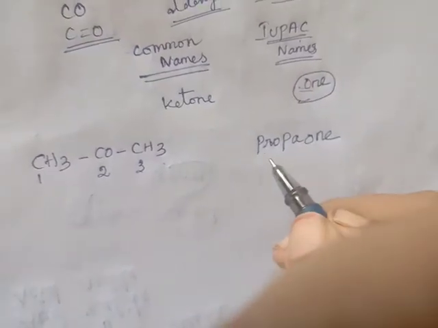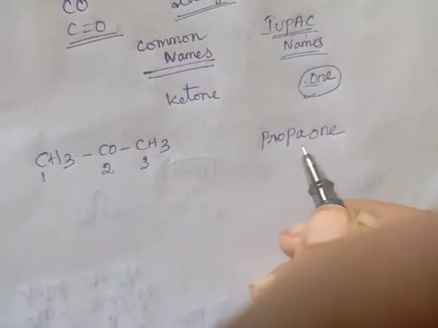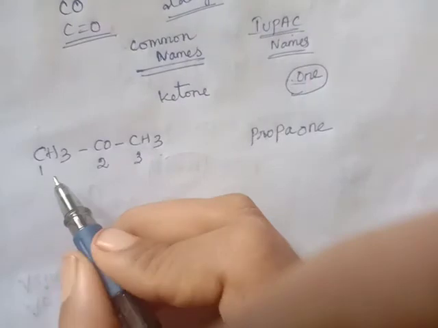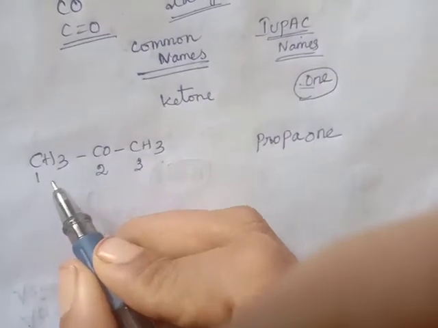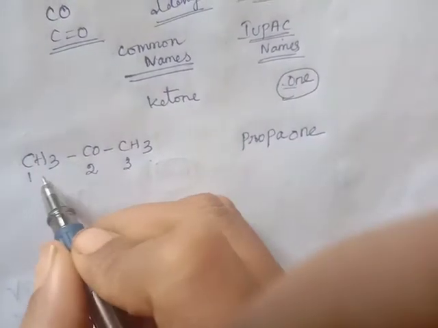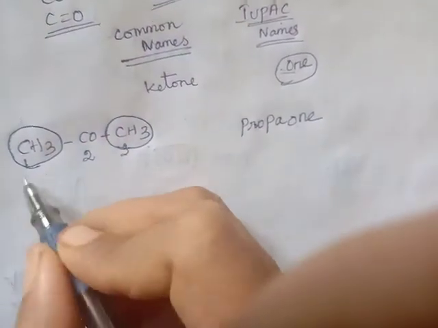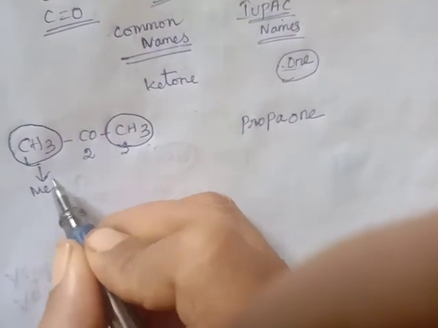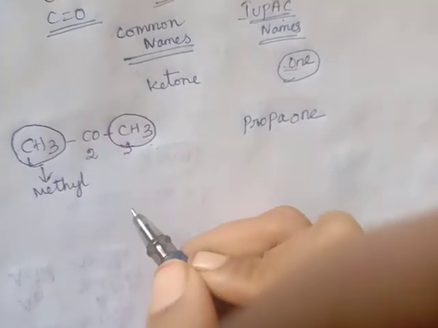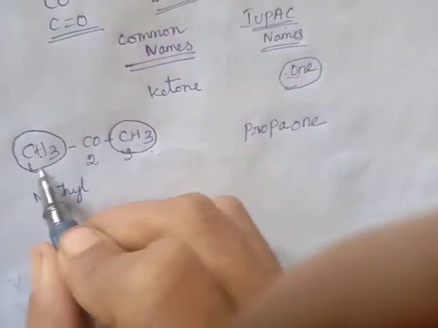That's all. Just like that the IUPAC name of the ketone will come. The common name of this ketone: here one methyl group is present, and here another methyl group is present. The CH3 is known as methyl group. So 2 methyl groups are present.